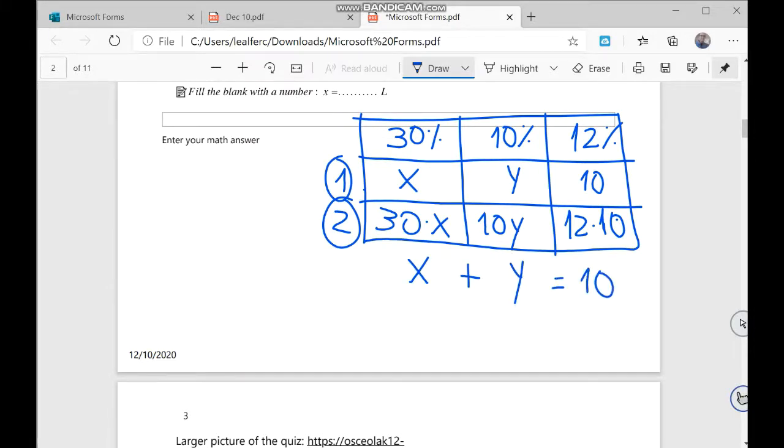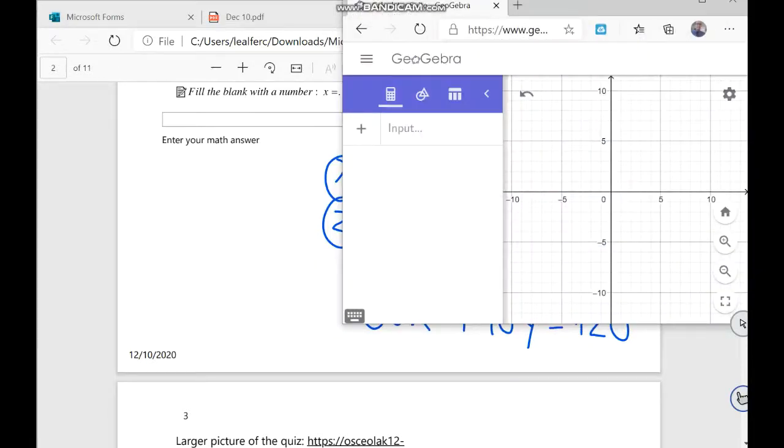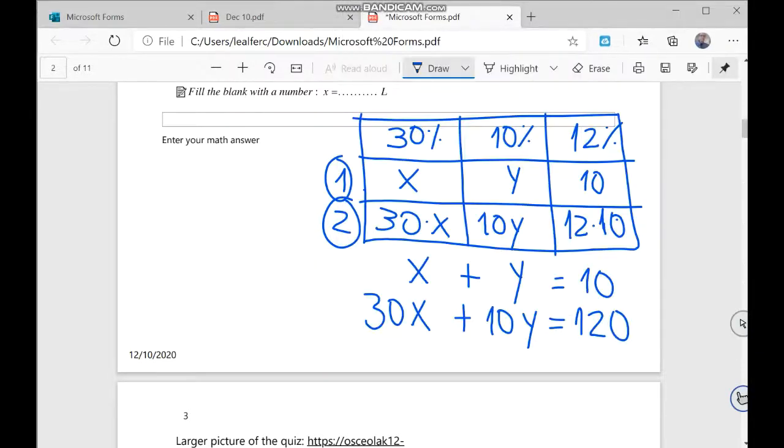And equation number 2 is 30x plus 10y equals 12 times 10, 120. You can use substitution, graphing, or even the graphing calculator to find the solution. That's up to you. I'm going to use the addition method.